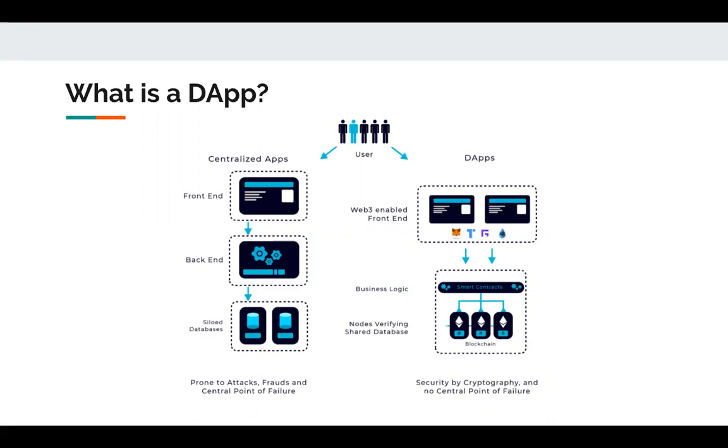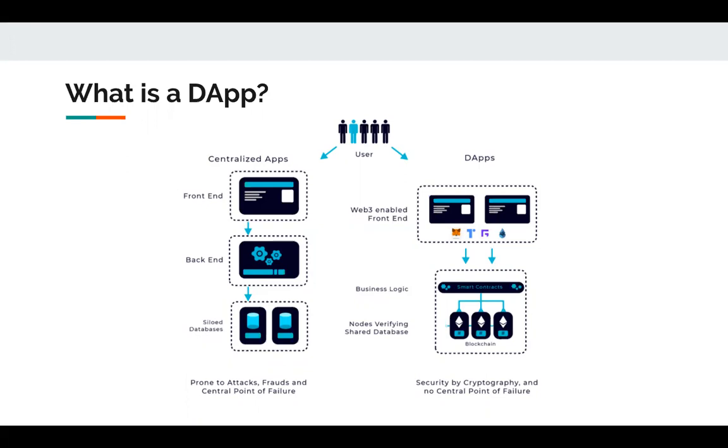You have a front end where the end user can go and access your application. Now when it comes to the back end, the blockchain in itself acts as a data store. It's a decentralized data store, so no one actually controls that data, and it's always available because of the distributed nature of it.